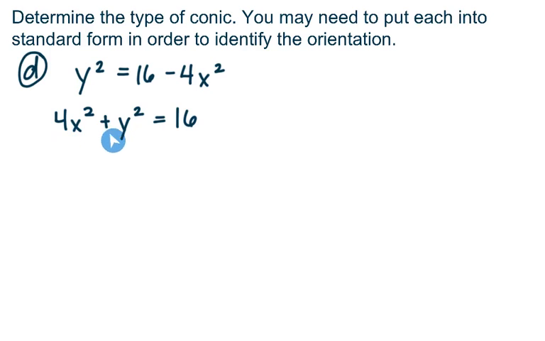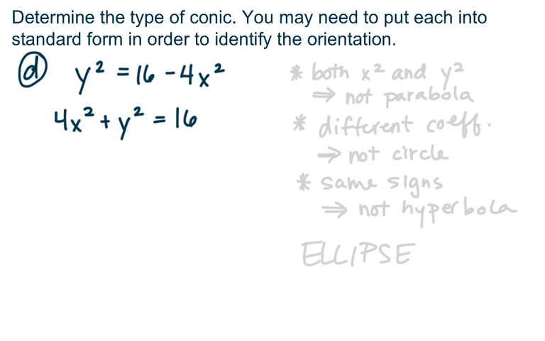Since we have different coefficients, we know this is not a circle. Since we have the same sign, we know it is not a hyperbola. That means what we are dealing with here is an ellipse. Moving through this, we'll continue to put it into standard form. And in standard form, we need it to be equal to 1 for an ellipse or a hyperbola.